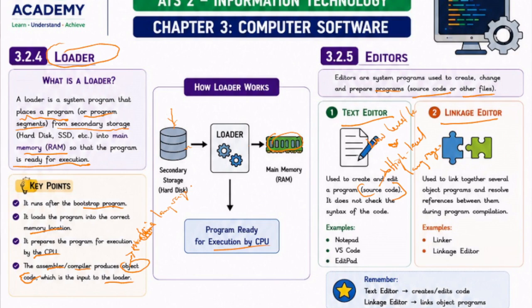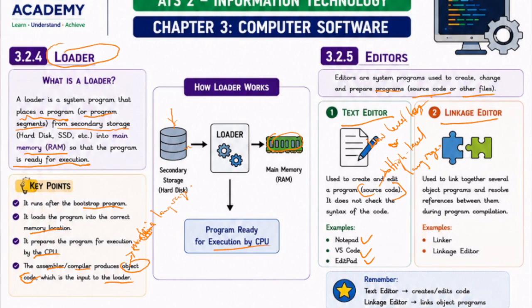We are still coming to that. It does not check the syntax of the code. Examples are Visual Studio Code, that's VS Code, Notepad, Edit Pad, and so many other text editors.